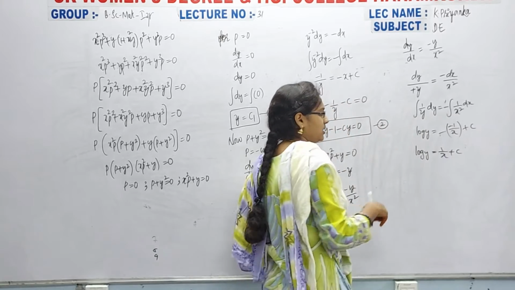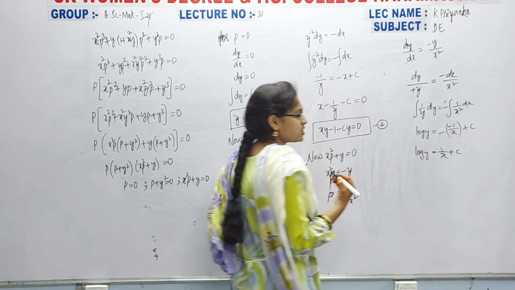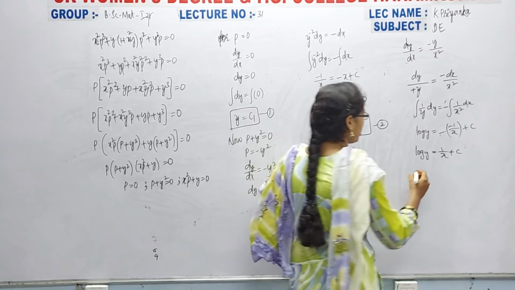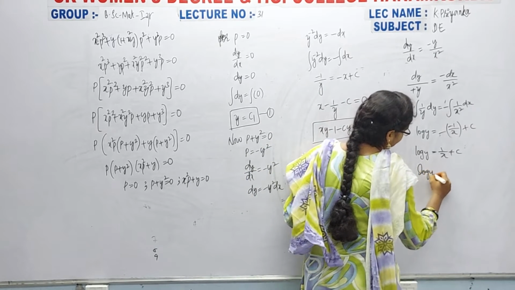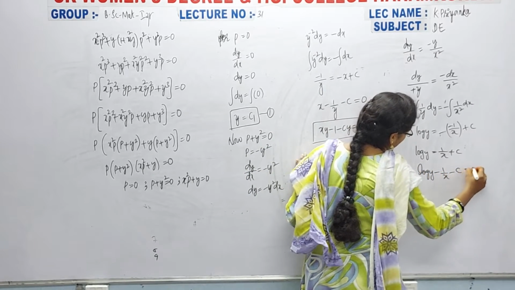Now I am taking the values to this side. Otherwise here you can apply the exponential also, but I am not applying. Simply log y minus 1 by x minus c is equal to 0.